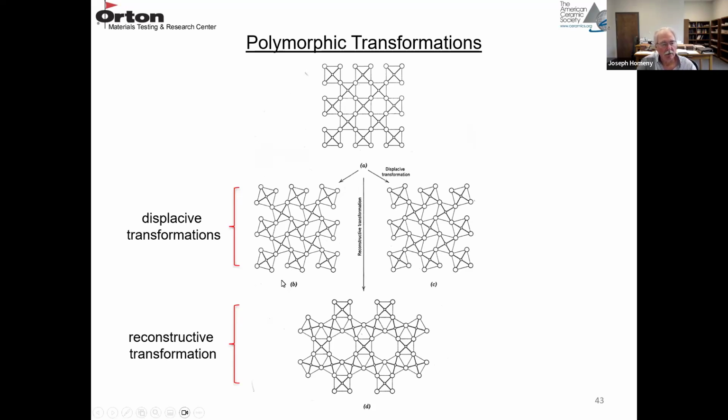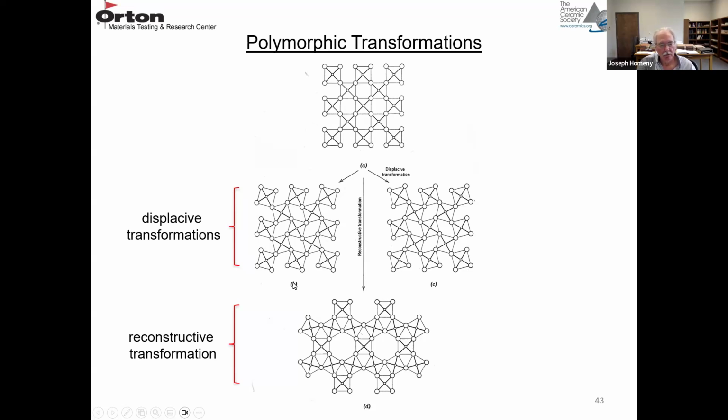So this is a graphic example of a displacive and a reconstructive transformation. Here's an ordered two-dimensional planar type crystal structure. You have a small ion in the center of a cube of larger ions at the corners of the cube, and then the cubes are joined at their corners. So this is an ordered crystal structure.